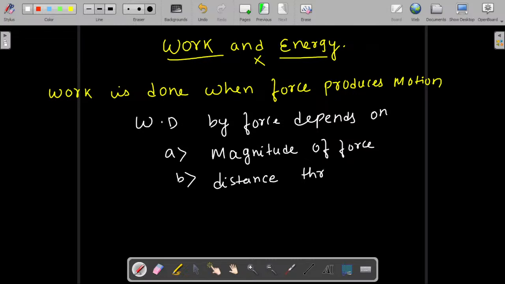First you write distance through which body move. So work is done when force produces motion. What is the meaning of this?